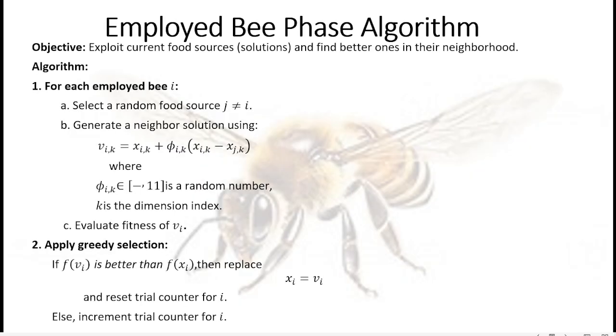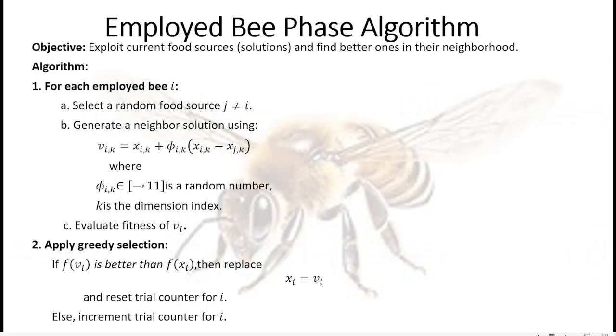So the next slide is the employed bee phase algorithm. The employed bee phase algorithm is a part of the artificial bee colony algorithm used in optimization problems. It mimics the foraging behavior of honeybees seeking optimal food sources.